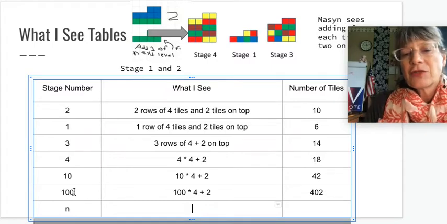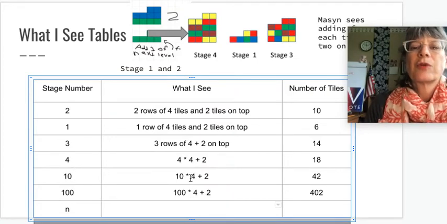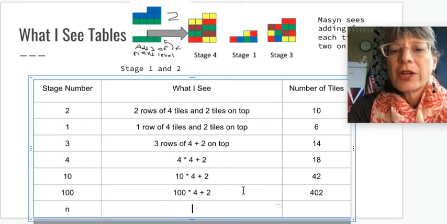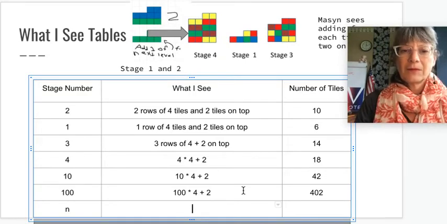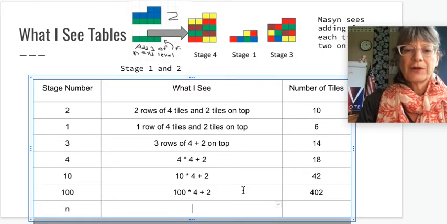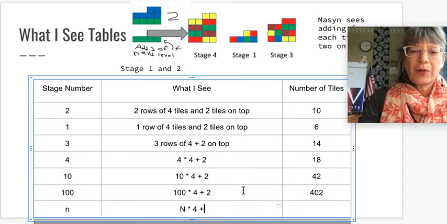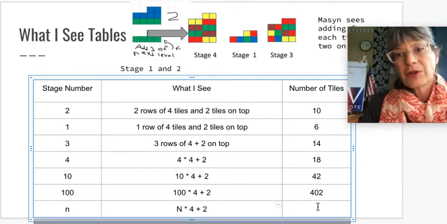If for stage 100, we had 100 times 4 plus 2, and for stage 10, we had 10 times 4 plus 2, I'll give you a moment to think about what the equation might be. n is the stage number, so n times 4 plus 2 should give us the number of tiles.